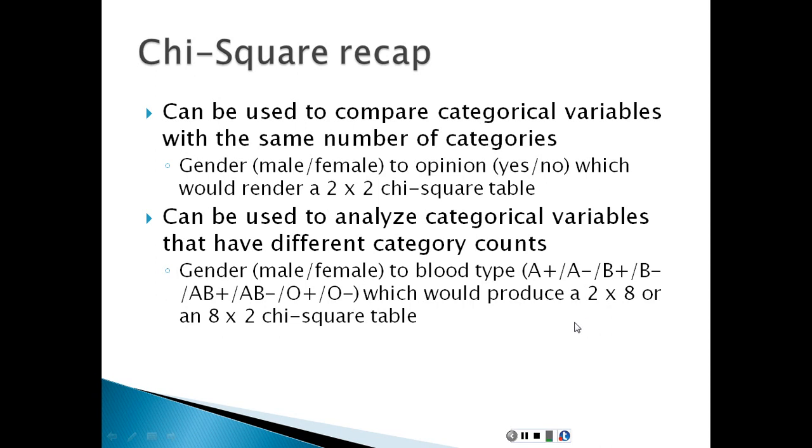And this is purely depending on how you choose to load the variables into the rows and columns. Each way, your analysis would be the same. So when it comes to chi-square, it does not matter which variable you place in the row or column of the chi-square table. You can place one in the row, one in the column, you can reverse it. Either would produce the exact same results.